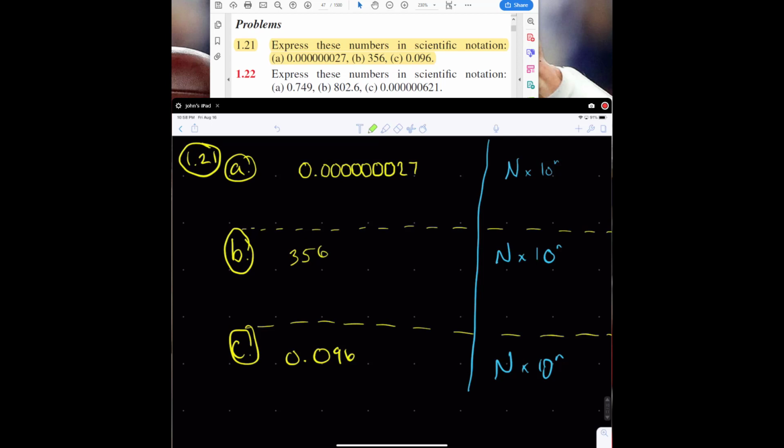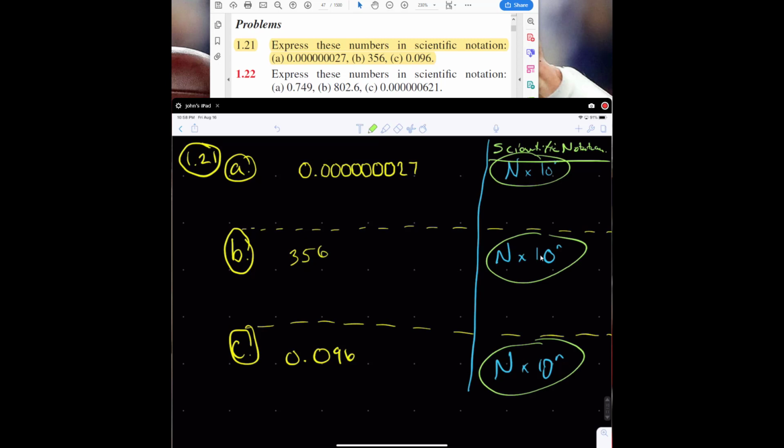So it gives us this form: regardless of their magnitude, all numbers can be expressed in the form N times 10 to the n power. So that's what I have here, N times 10 to the n power. Any number that is given can be expressed in what's called scientific notation. This is our standard form, right?